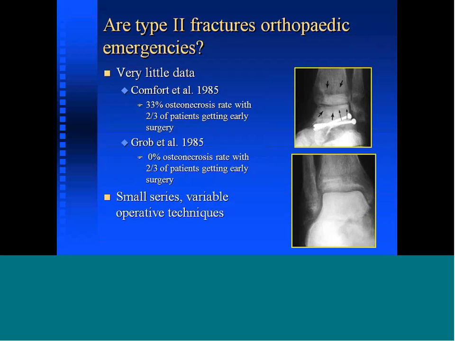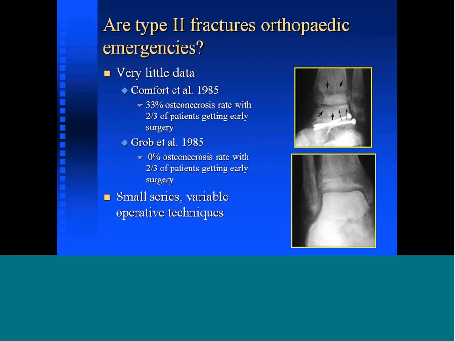First, is the type 2 fracture an orthopedic emergency? Well, there's been very little data in the literature over the last several years. Articles in 1985 were basically conflicting one another. One said that there was a 33% osteonecrosis rate with 2/3 of the patients getting early surgery. And then there was another one by Globe stating that there was a 0% osteonecrosis rate with 2/3 of the patients getting early surgery.